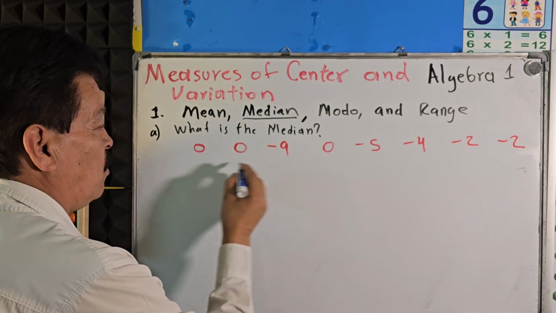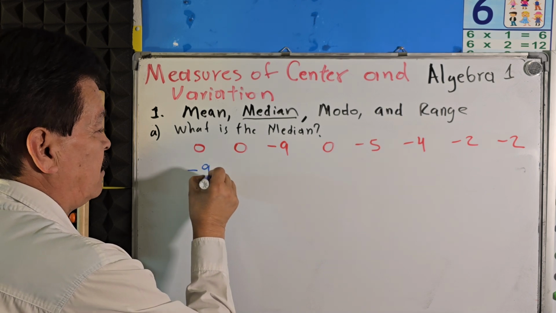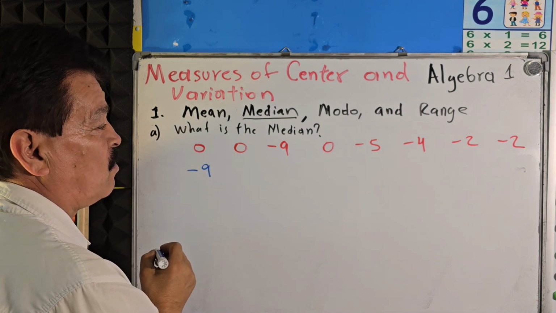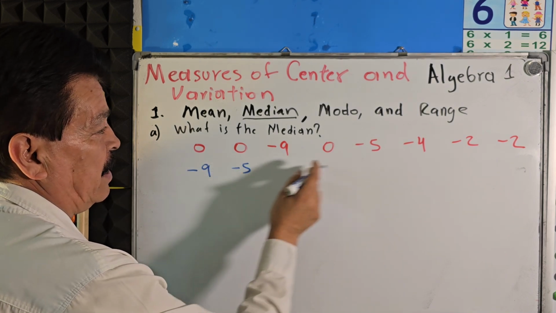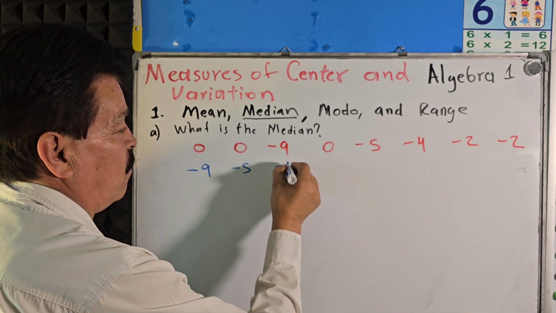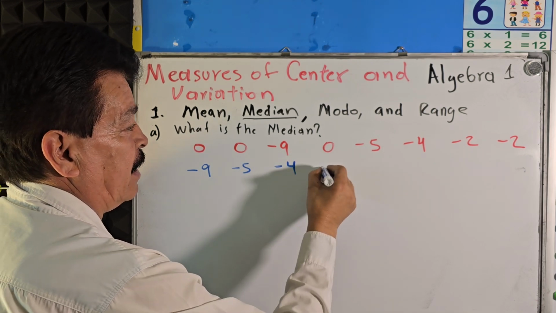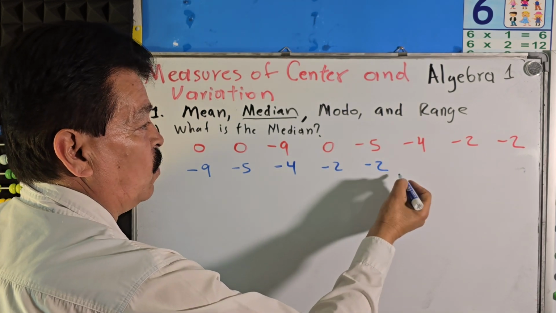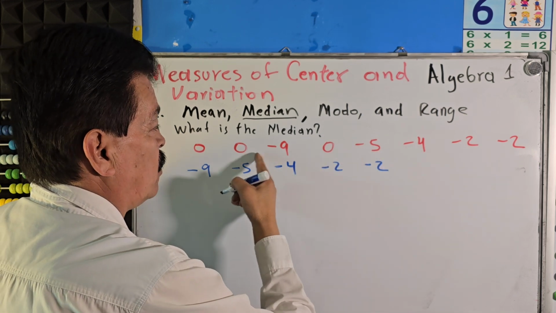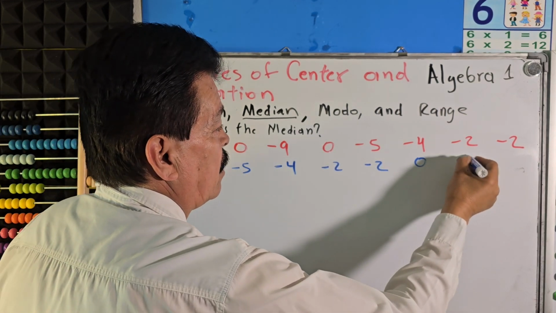So the smallest is -9, the next one is -5, -4, and then -2, -2. Then 0, 0. We have 3 zeros.